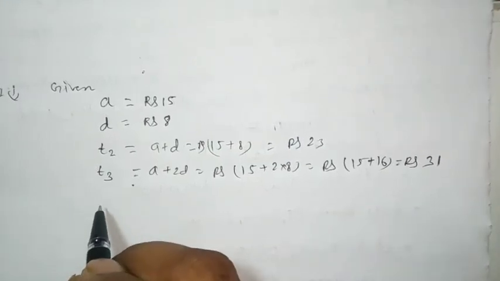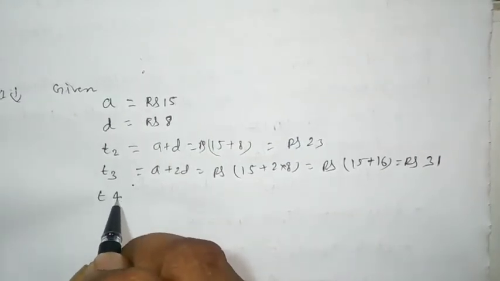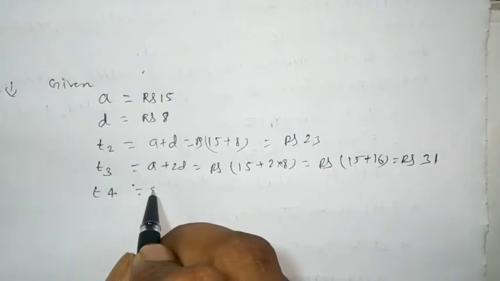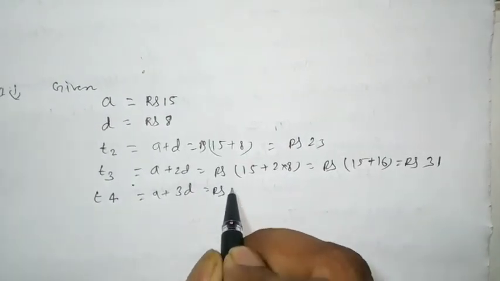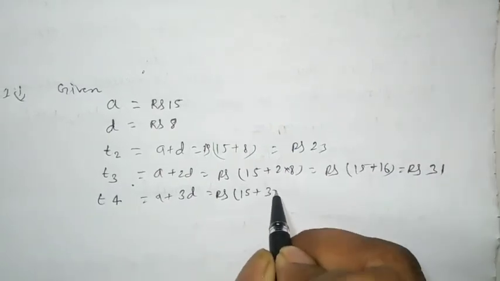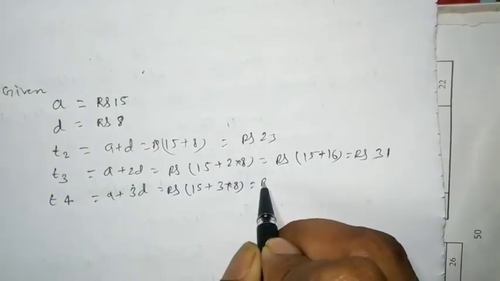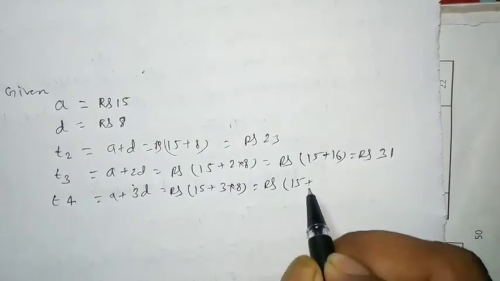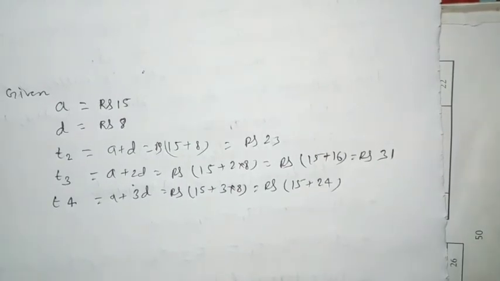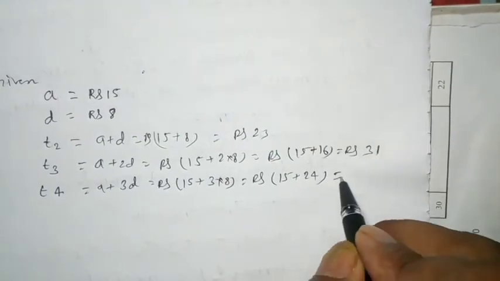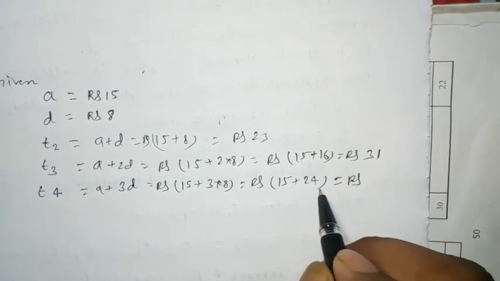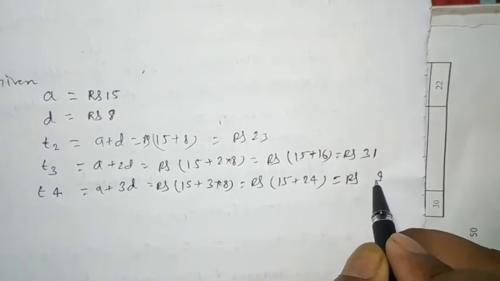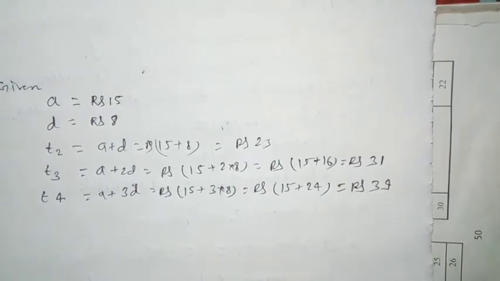Now the fare of 4 kilometers is A plus 3D, is equal to 15 plus 3 into 8, is equal to 15 plus 24, is equal to rupees 39, and so on.